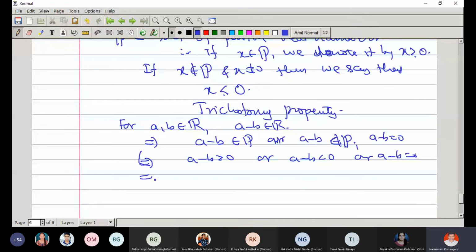It is the same as a is greater than b, or a is less than b, or a is equal to b. This is the more general form of the order or trichotomy property.